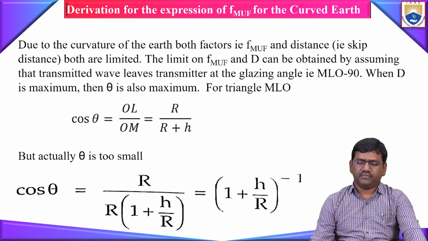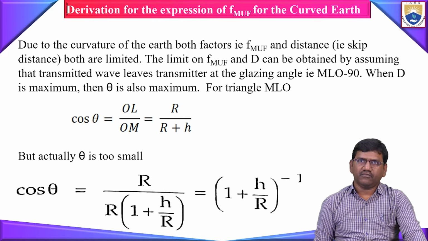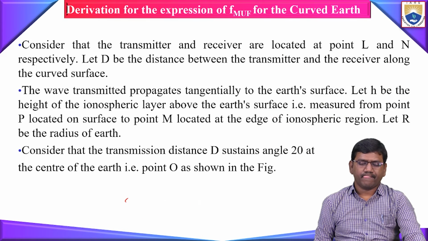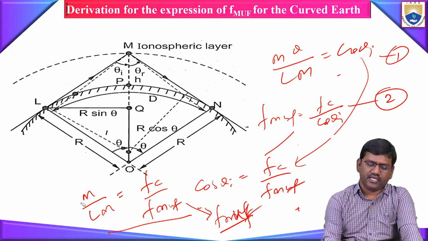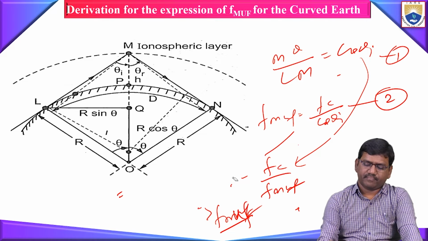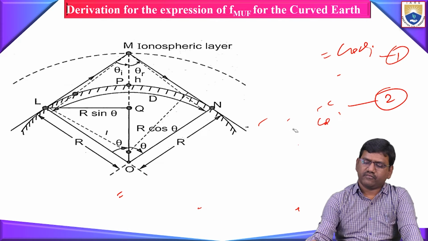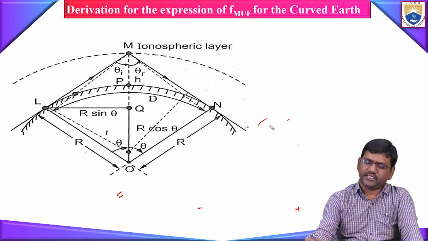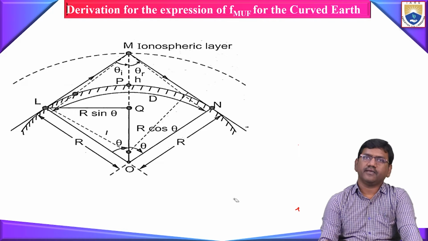So if we assume angle MLO as 90 degrees for this triangle, let us apply some theta formula again. We will find out the value of theta here.